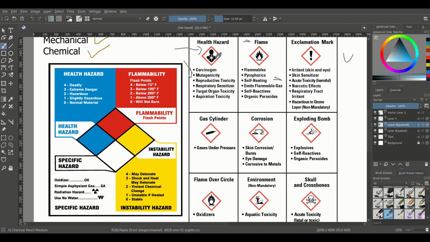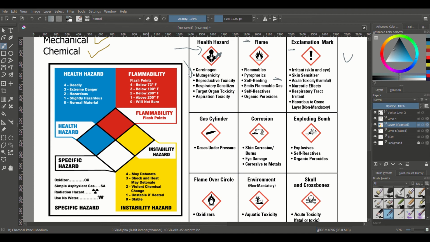So next is the exclamation mark. The exclamation mark means there's something acute. Something is going to happen right now when you touch it. And that's to be compared with the health hazard, which tends to be over time. So it has an exclamation mark that means that you're going to see the results of whatever the hazard is pretty quickly, and it's going to affect you specifically if you come in contact with it. So it's something like an irritant, so something that irritates your skin, your eyes.